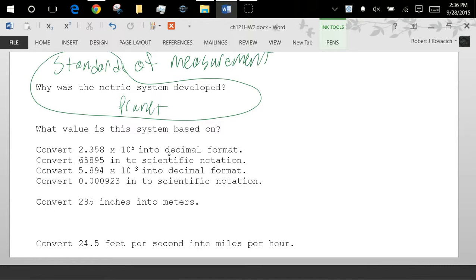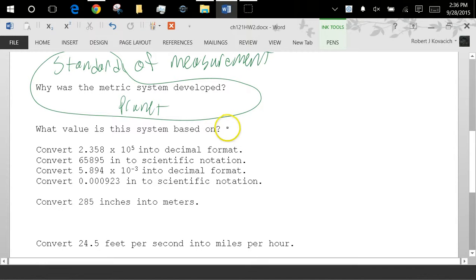What's this whole system based on? Tens. All right, so I'm going to move the decimal place on this, and which direction am I moving it? To the right. So 2, 3, 5, 8, and then 2 zeros. Do I put a decimal place there?